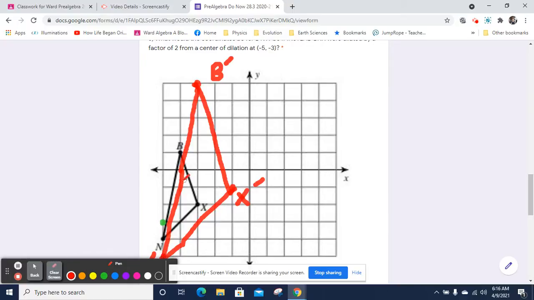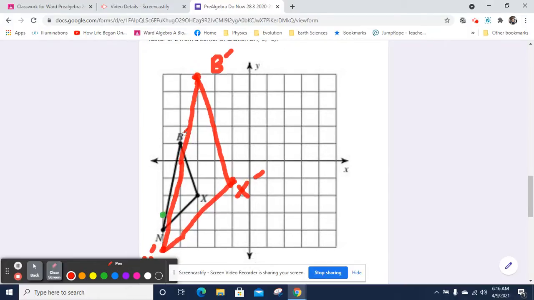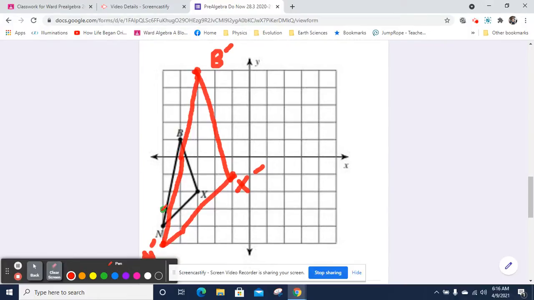Okay, so if I were to draw a line from my center of dilation, it would go through B and B prime. It would go through N and N prime, and I could draw a line that goes through X and X prime. So that is one of the natures of dilation, is you can draw a straight line. I believe y'all call it a vanishing point perspective when we were discussing it in class.